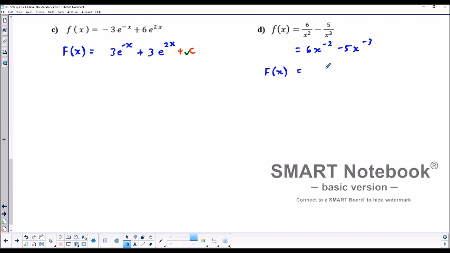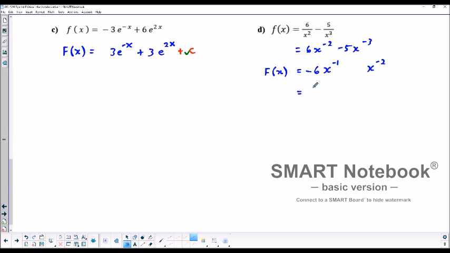So x to the negative 2 will become x to the negative 1, and x to the negative 3 is going to be x to the negative 2. Now, if we differentiate this, the negative 1 comes down in front, and we multiply, we end up getting a positive 6 there. So this has to already be a negative 6 in front there. So when you differentiate this, negative 1 times negative 6 gives you positive 6. Subtract 1 from the exponent to get x to the negative 2, which is what we have there.